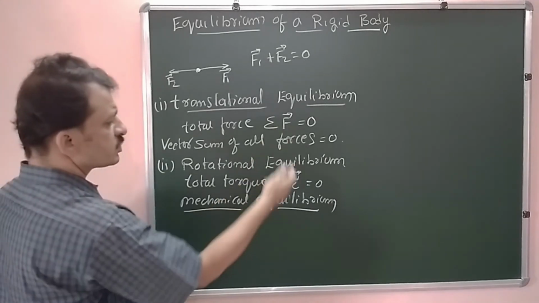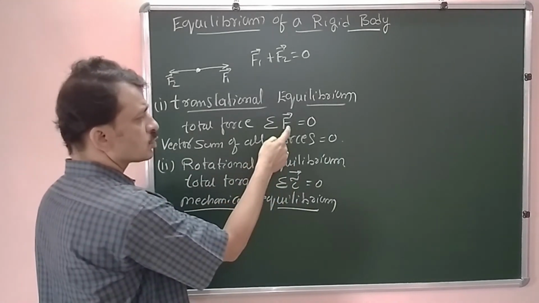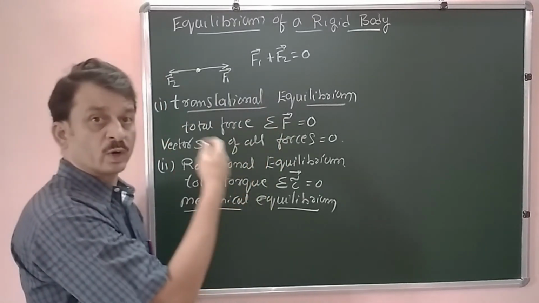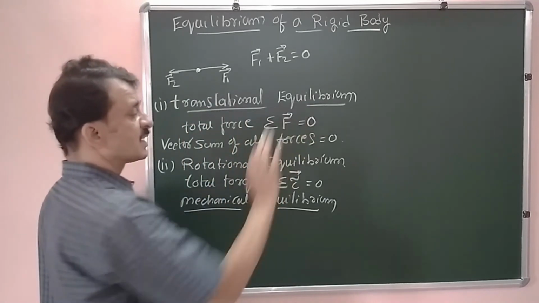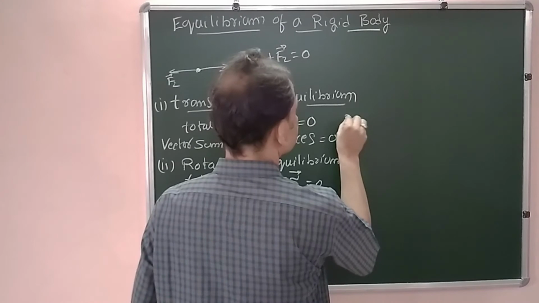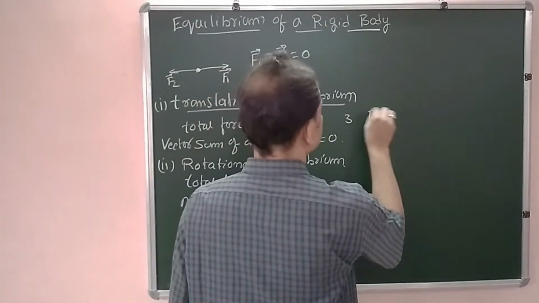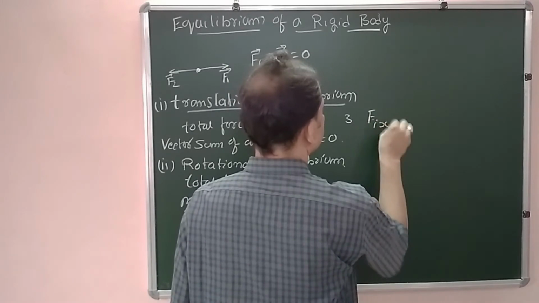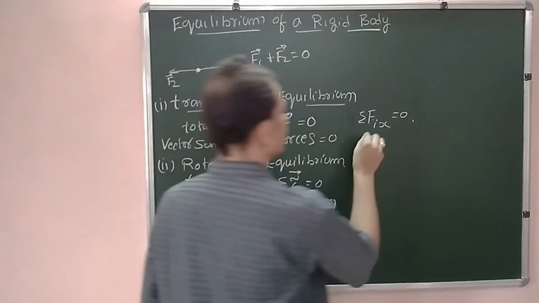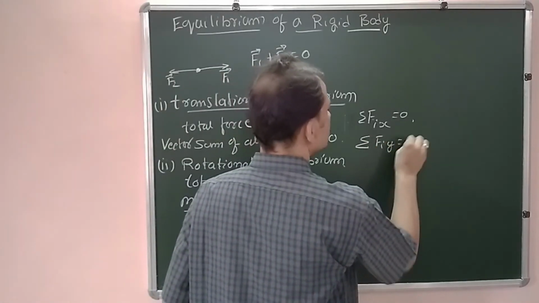Now here in these two expressions, the total force acting will have an x component, y component as well as z component. So therefore we have three equations for this. For the x component, sigma Fix should be 0. For the y component, sigma Fiy is equal to 0.